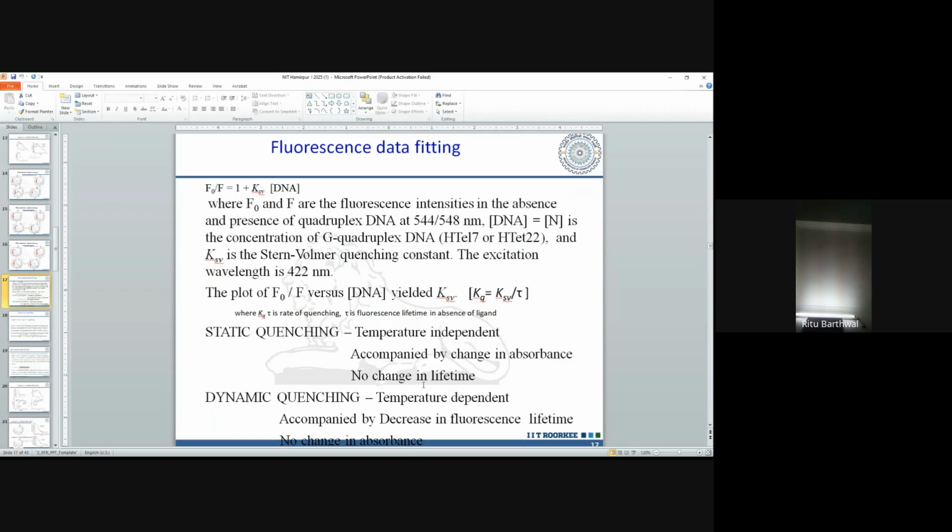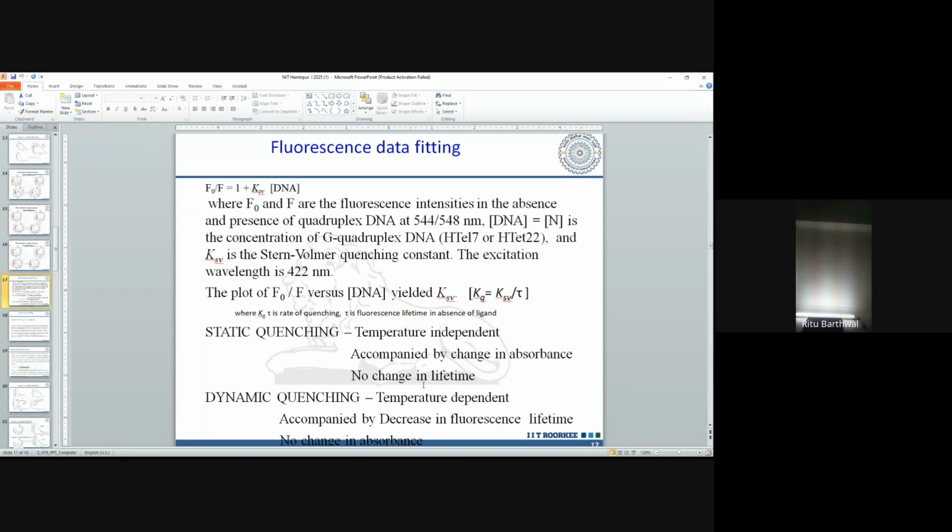So if fluorescence gets reduced when we add DNA, it could simply be the drug striking the DNA molecule and decreasing. So it could just be an interaction of that kind, which means colliding with each other. It could have been just a collision. However, if it is collision, it will be temperature dependent. There won't be a change in absorbance and so on.